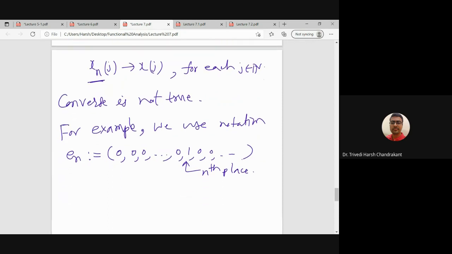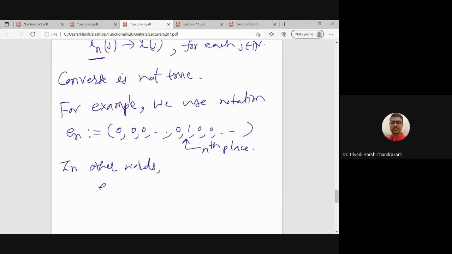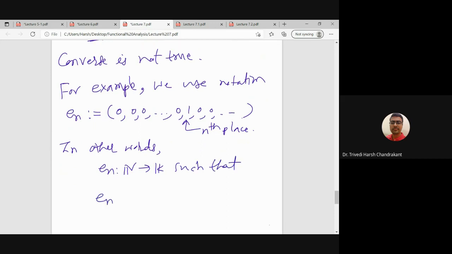So we can also define this same en. In other words, en is a function from natural numbers to K such that en defined on some natural number j is 1 if j is equal to n and 0 if j is other than n.